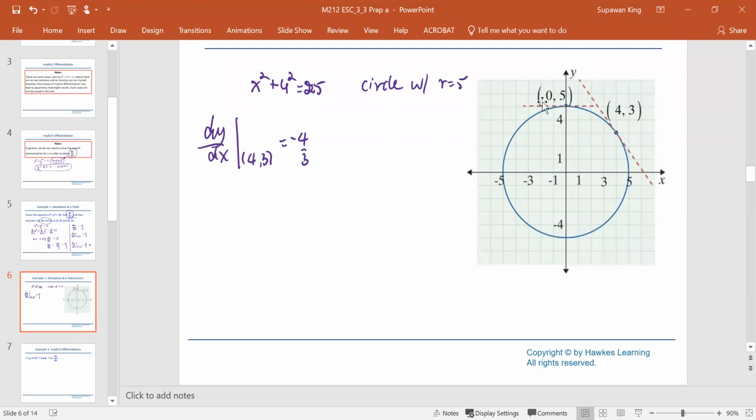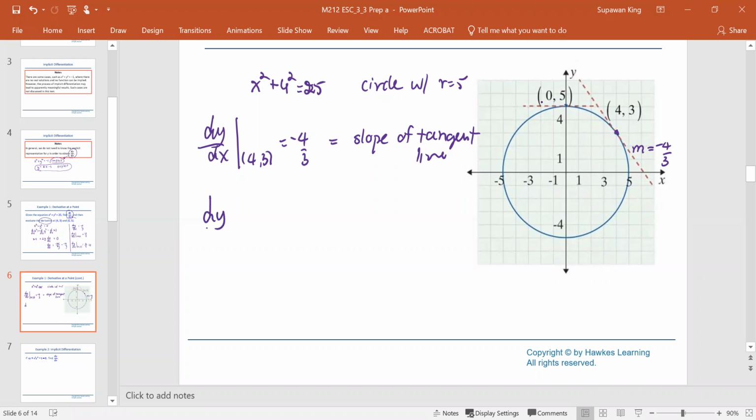In the earlier sections, we learned that dy by dx is the slope of the tangent line. That means the tangent line to the curve at the point (4, 3) has slope m equal to negative 4 over 3.